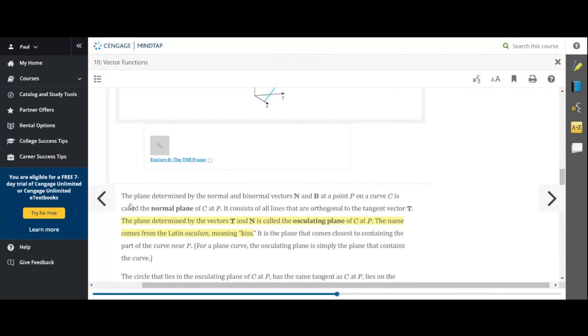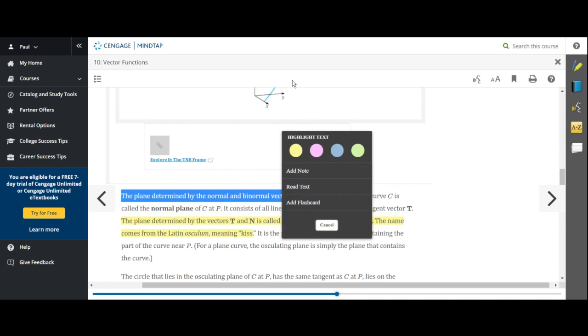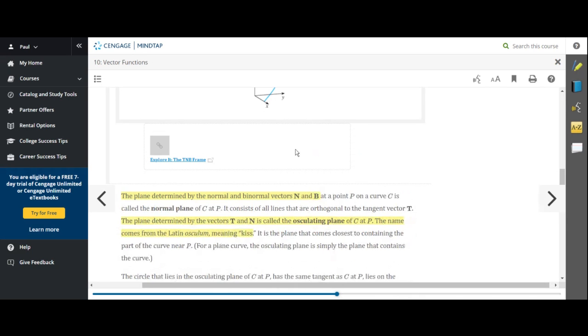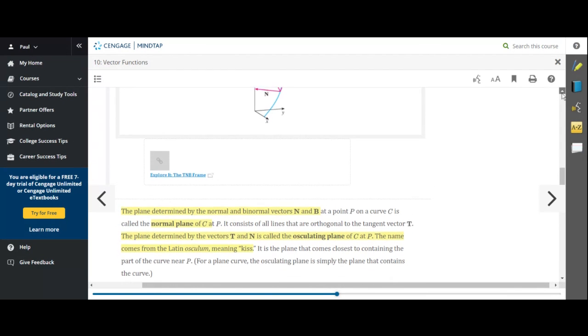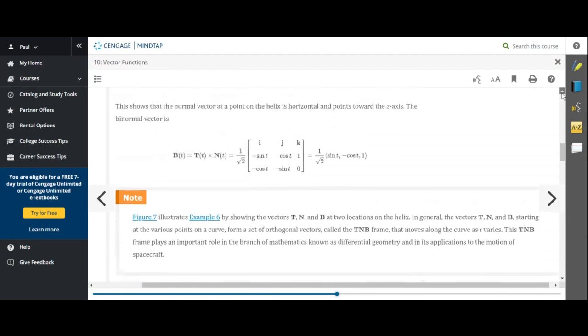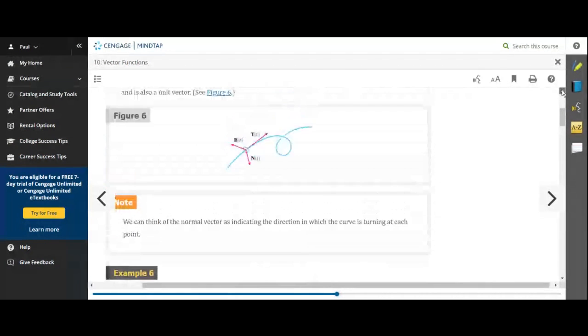Okay. But there's another plane of interest too, the plane determined by the binormal and normal vectors. That's called the normal plane of the space curve at point P. So you have an osculating plane of the space curve at a point, and you have a normal plane of the space curve at a point.